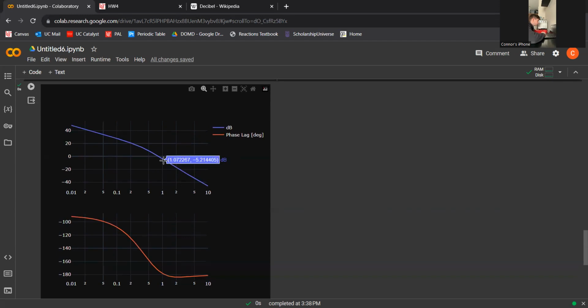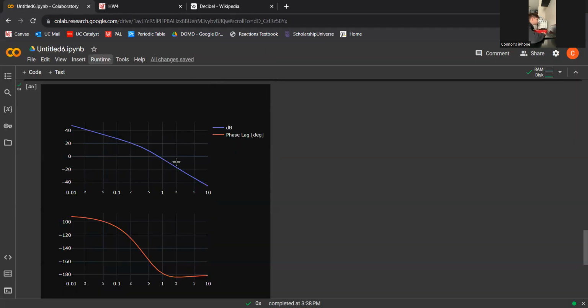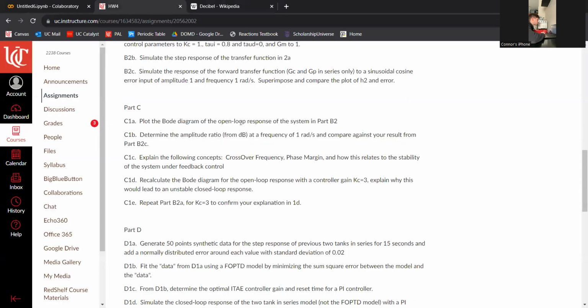And then if we go up here and we see that our decibel range is less than 0, then that means our system is stable. That relates back to this amplitude ratio: if it comes out as 1, then the log of 1 is just 0.